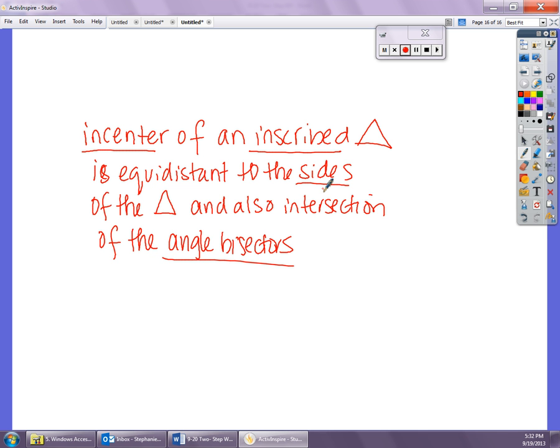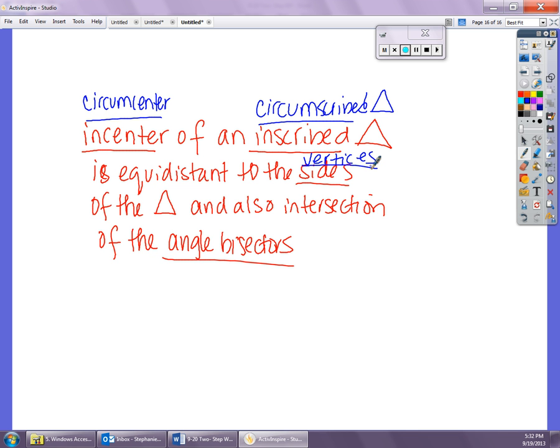Now if you want to change the sentence so that it's about circumcenters, the circumcenter of a triangle, of a circumscribed triangle, is equidistant, which means equal in distance, to the vertices of the triangle and also the intersection of the perpendicular bisectors.